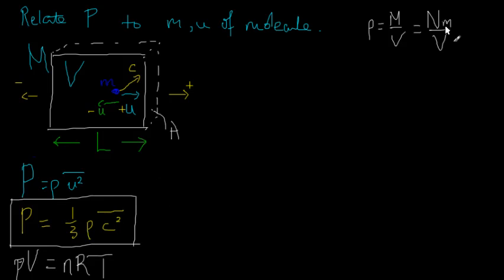Right, so actually it was in this form in a previous session, so I'm just reverting to that form. So P then is equal to 1/3 rho, so N M over V times C squared averaged.